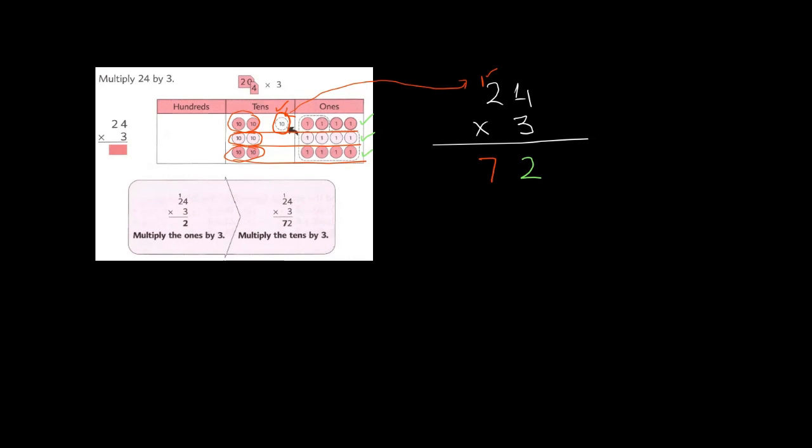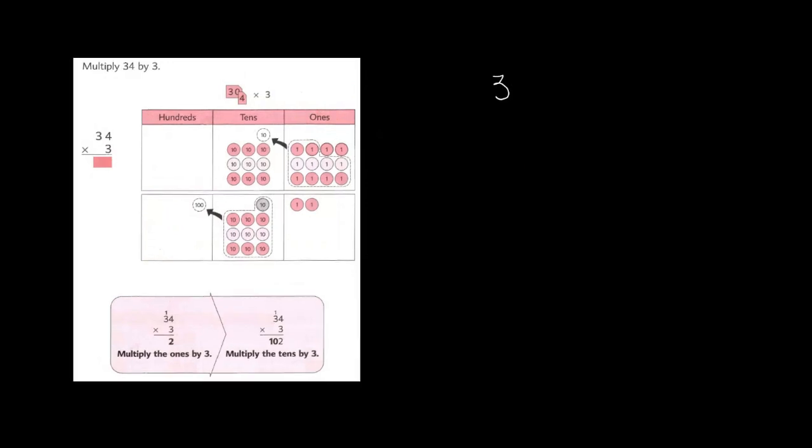Now if we try to multiply, let's say, 34 by 3. Again, 34 multiplied by 3. Again, note, I have one 34, two 34s, three 34s. Now let's count the number of ones.